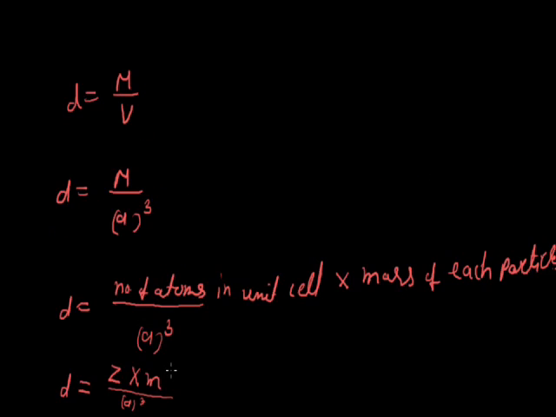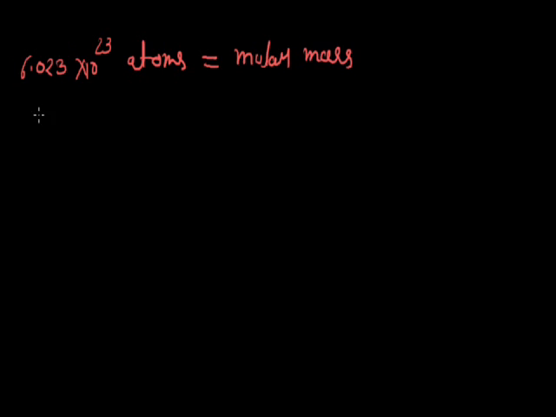So as we know that 6.023 times 10 to the power 23 atoms equals the molar mass of any atom. Therefore, one atom equals the molar mass, molecular weight, upon this Avogadro number.